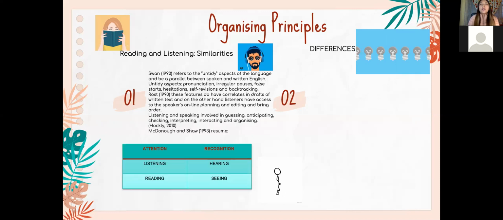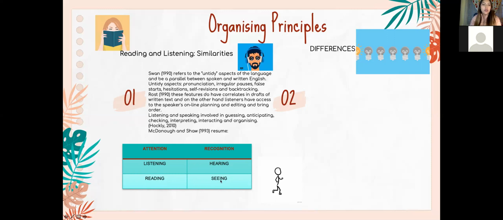Talking about listening and speaking, those are in a common process, but listening and reading are focused on the next process. Listening is focused on hearing and reading on seeing.